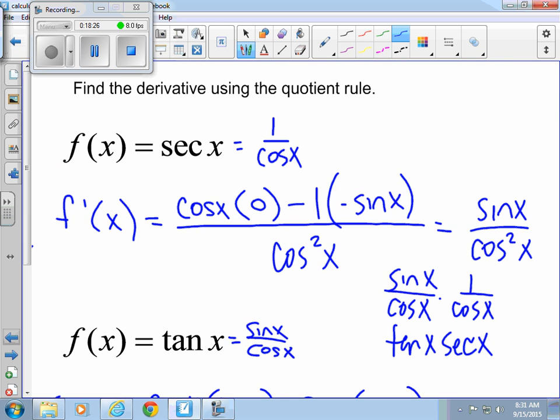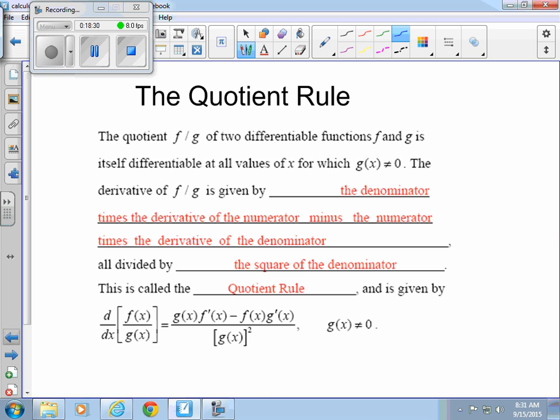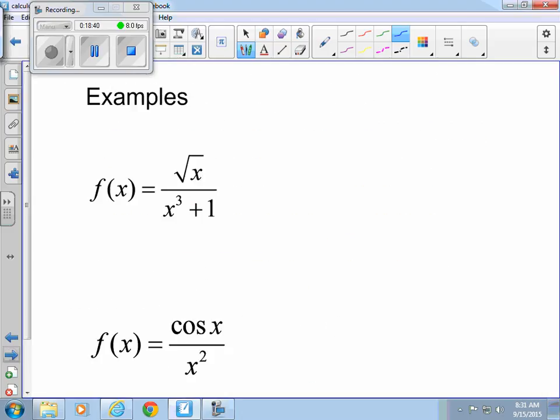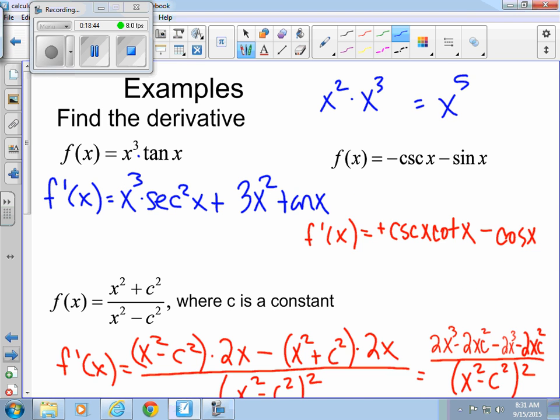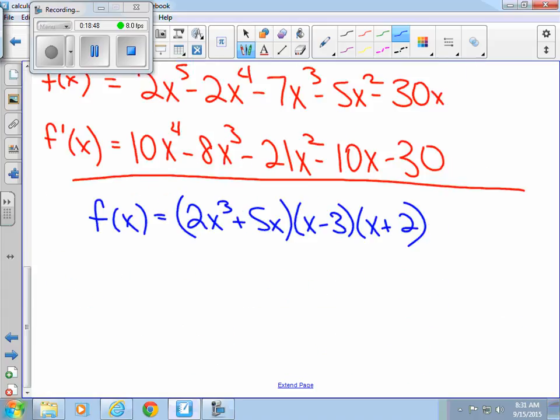I remember yesterday, we said we could do a product rule with 3. We did the derivative of 1, leave the other 2 alone. So I'm going to do that. Or I can even FOIL the second one out and just do one product rule. You have lots of options on this problem.